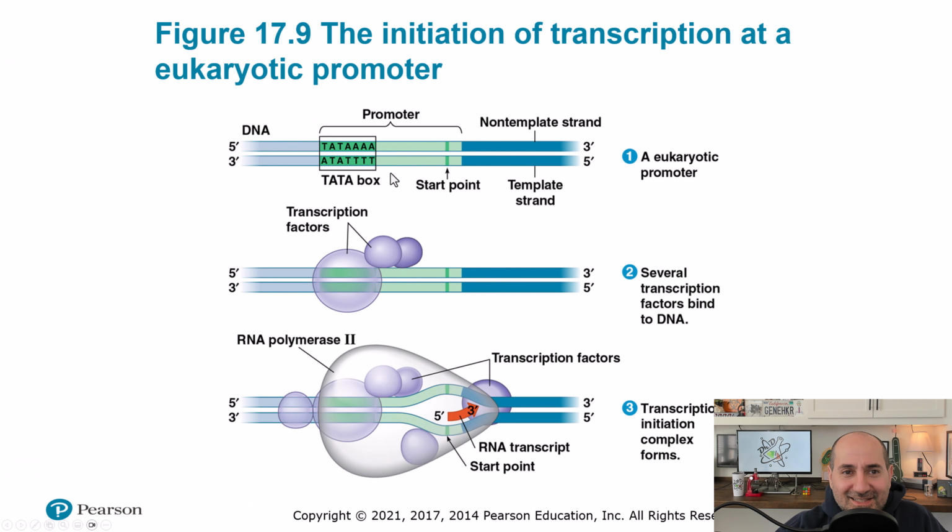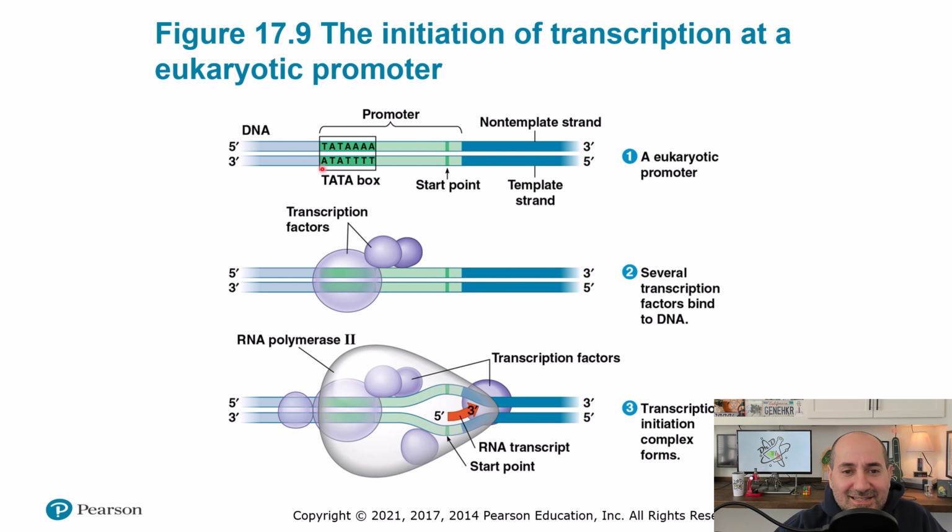So take a look. This is a close look at that green area, the promoter. Again, this is looking at a eukaryotic promoter. Eukaryotes have a special sequence in that promoter called the TATA Box. And the reason it's called the TATA Box is because the sequence is TATA, TATA.